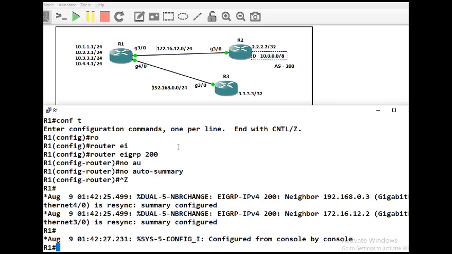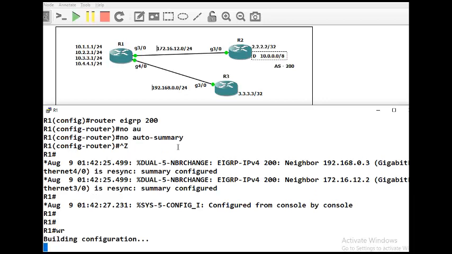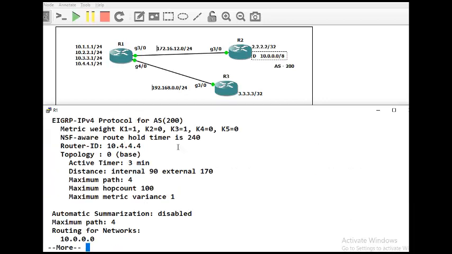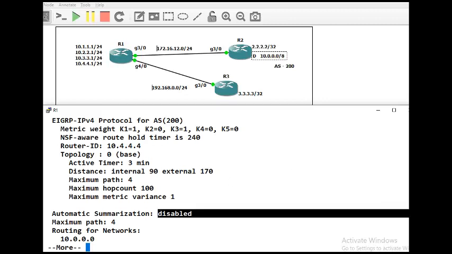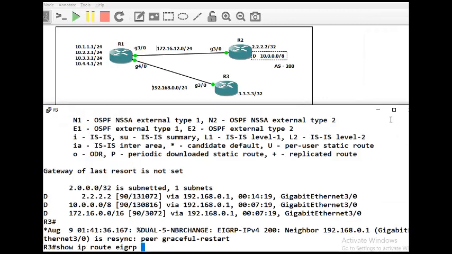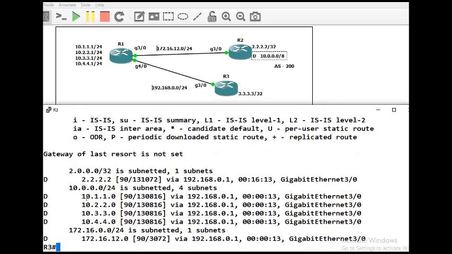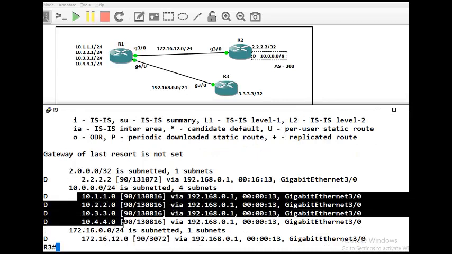After I cancel, the resync happens. Now it is disabled, and both the routers are going to get detailed routes. I'm happy with this on R3 because on R3 this is what I want to see. But in R2, I'm not happy.